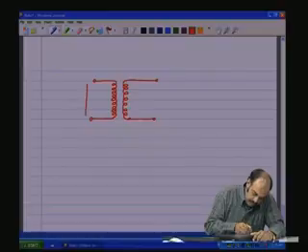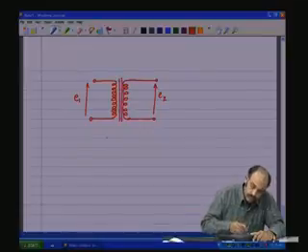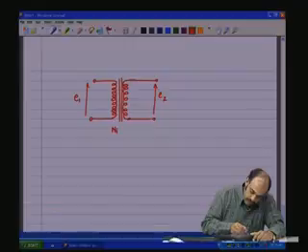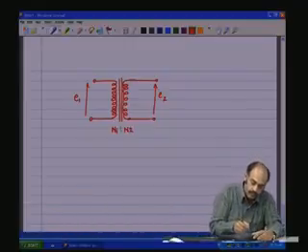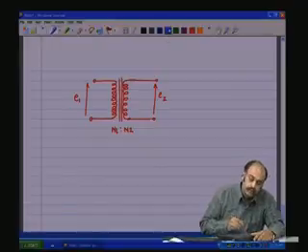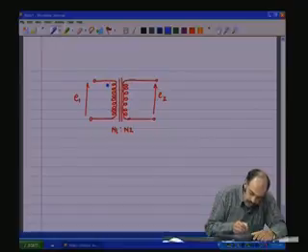Let us say this is E1 and this is E2, and we have a core in between. This is N1 is to N2. We also add a dot.